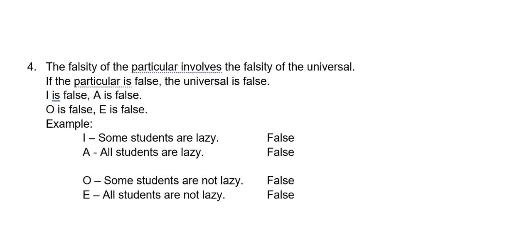Same thing, if O is false, such as some students are not lazy, then all students are not lazy is necessarily false. These are the 4 rules under subalterns.